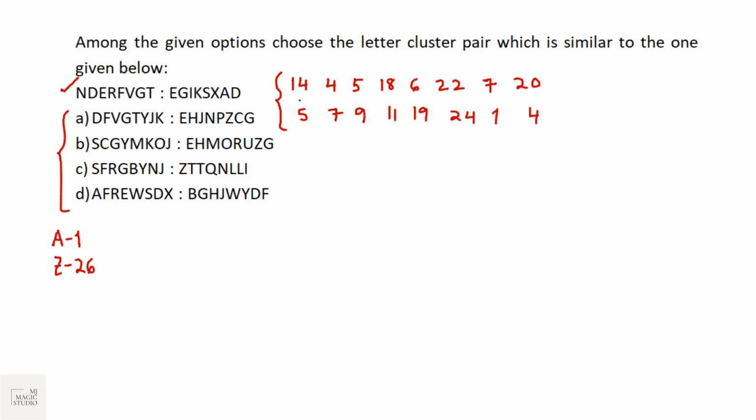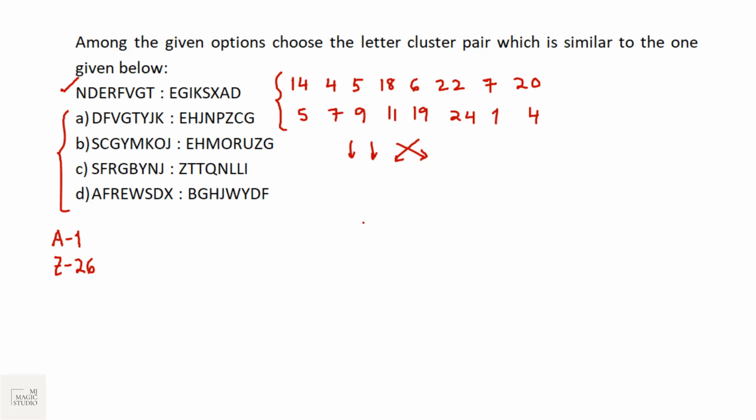If we are not able to find any relationship, as I am not able to find anything, 14 minus 5, 4 minus 7, 5 plus 9 or 18 plus 11, nothing is giving any sort of relationship, then we can go from one end to the other end: 14 and 4, 25 or 4, 1, 7, 7, some kind of crisscross relationship. Either it can be one to one or crisscross, those are the first two basic steps we take. But here I can see that nothing is matching.